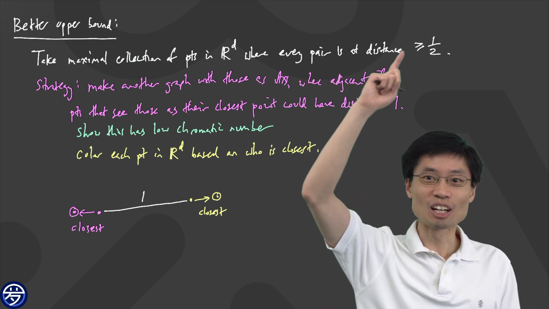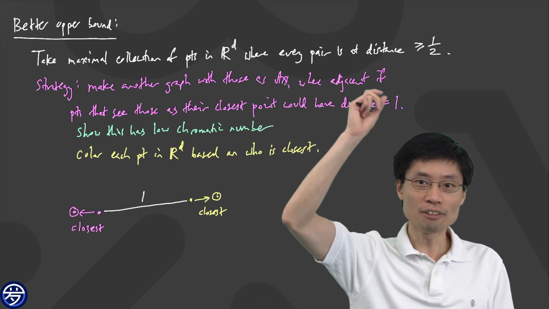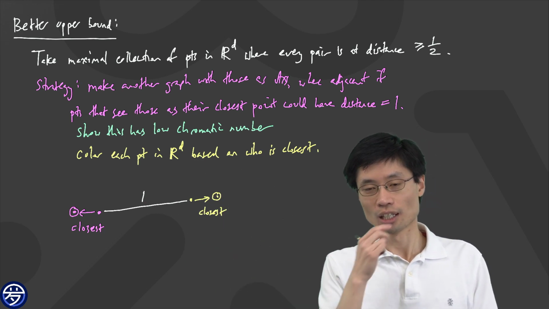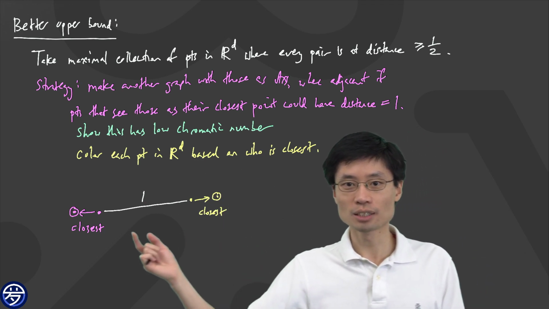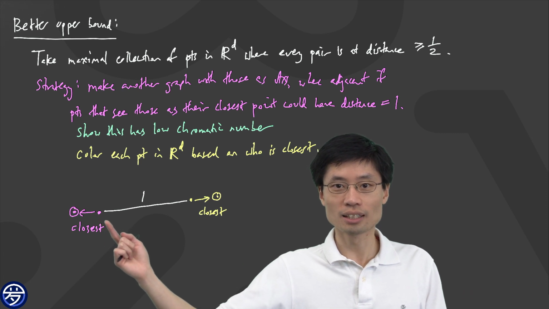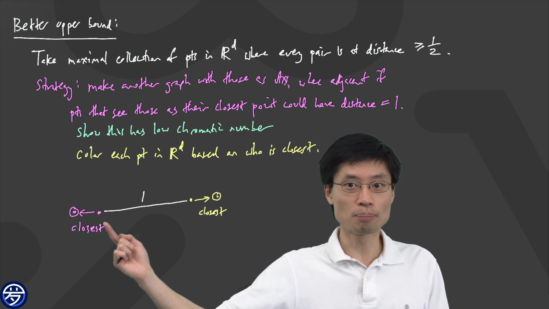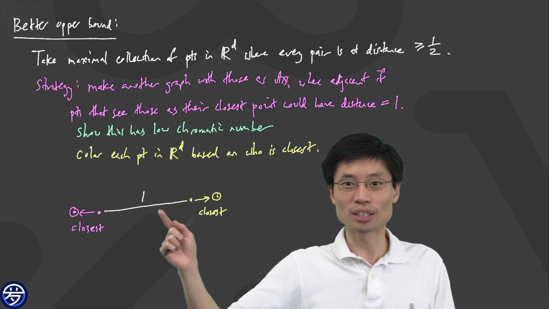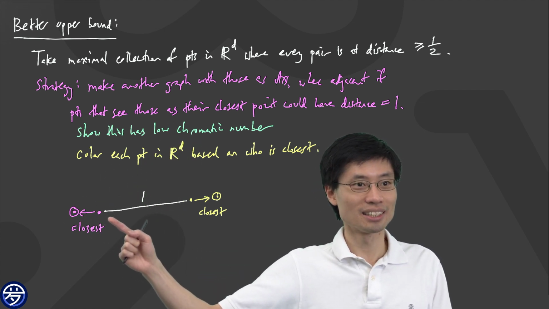Yes, it cannot be bigger than half, because if this distance was strictly bigger than half, then, just a second, how should I say that? If this distance is strictly bigger than half, then this point is distance bigger than half from everything else in the whole set. So I should just add this one to the set, right?